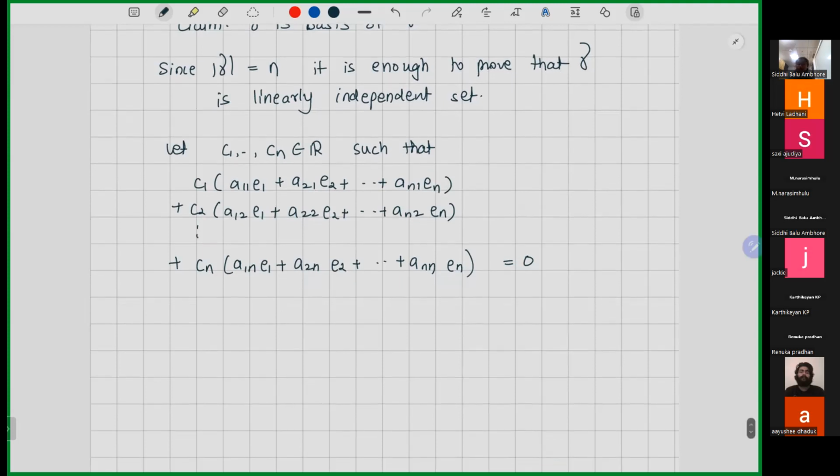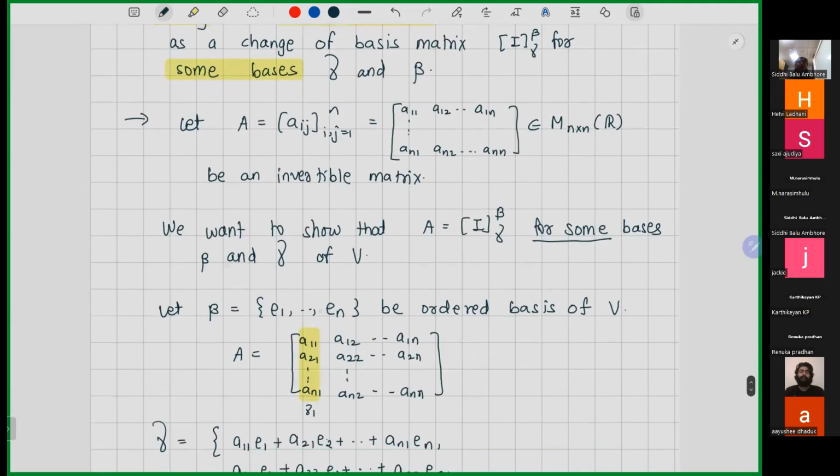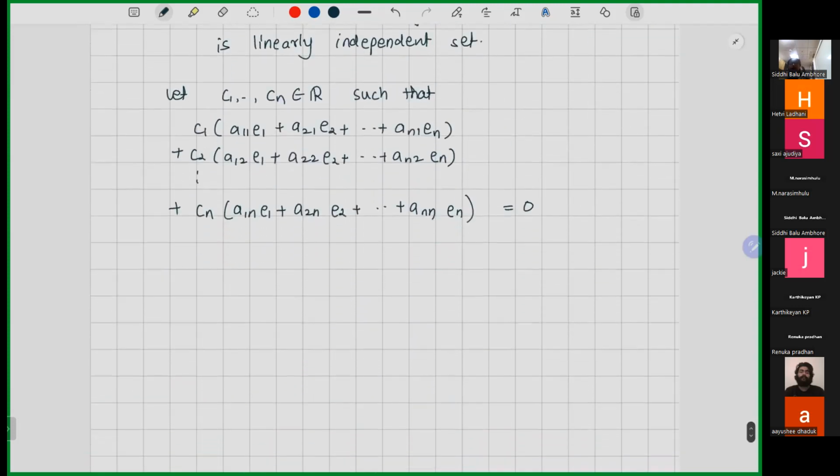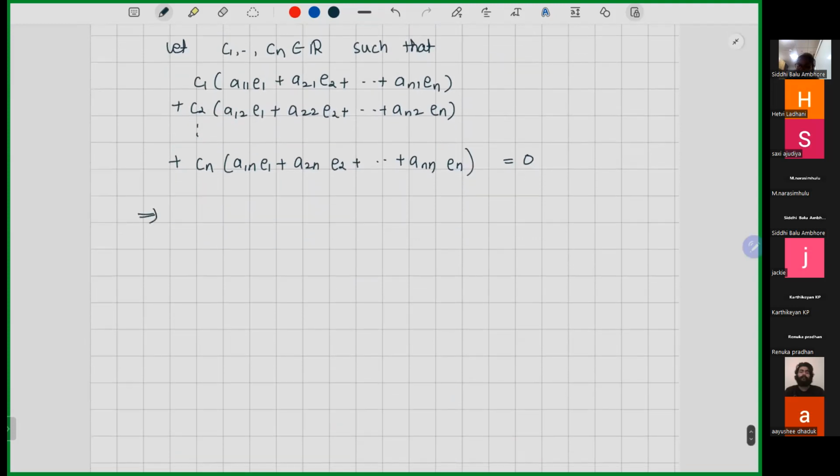Now what is given is that beta is a basis, so e1 to en are linearly independent. So I will combine the coefficients of the e_i's, putting together the coefficient of e1.